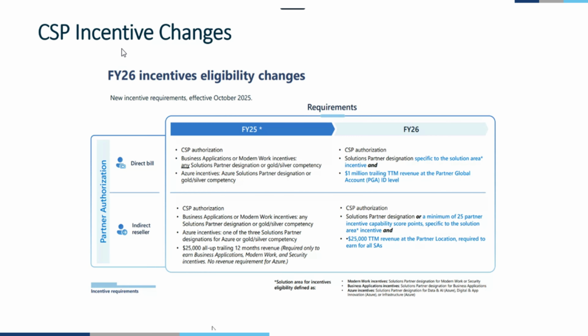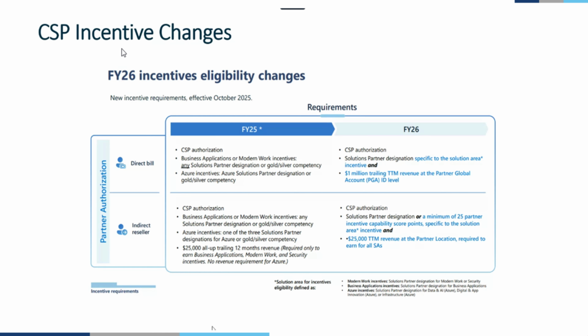The other part I wanted to dive into, because it's a question I get most of the time, is the incentives. I want to reiterate that the incentives you're getting as a direct bill CSP, you will still be able to continue to get as an indirect bill reseller.